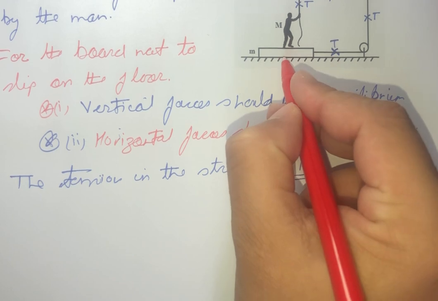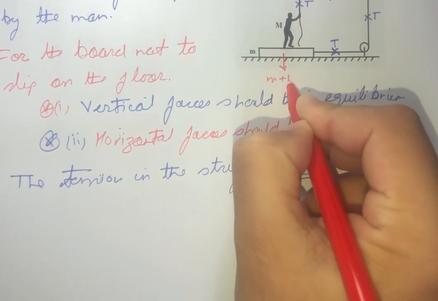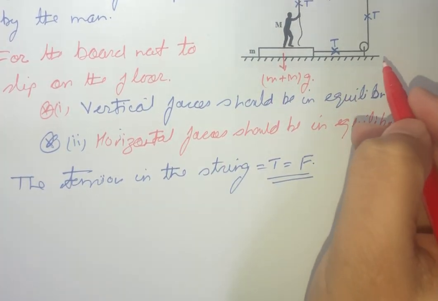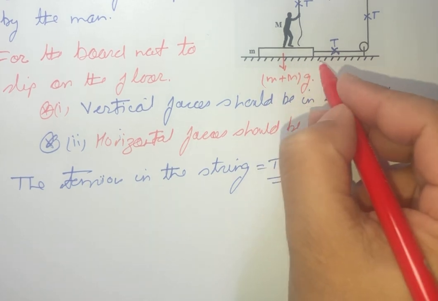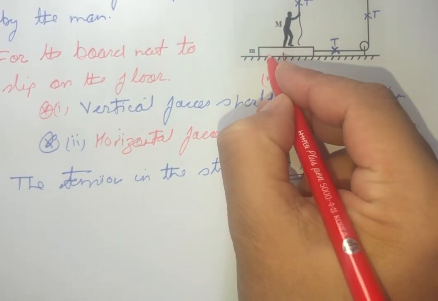We will have a combined force of m plus capital M times g in the downward direction, and there will be a normal acting in the upward direction.